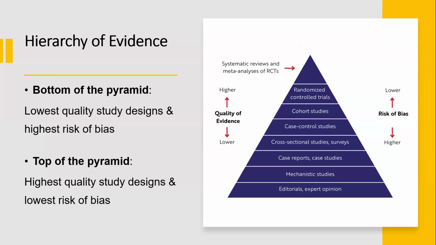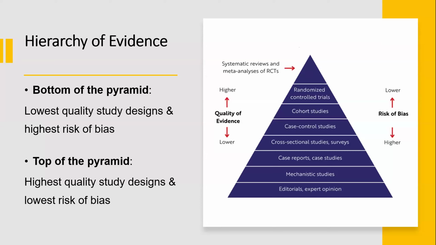So since past 2 days, my colleagues had discussed what are different kinds of hierarchy of evidence and where the systematic review and meta-analysis lies in the pyramid. When we look at the bottom of the pyramid, the lowest quality study designs are considered to be high risk of bias.